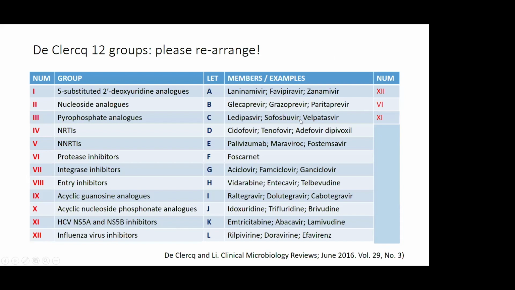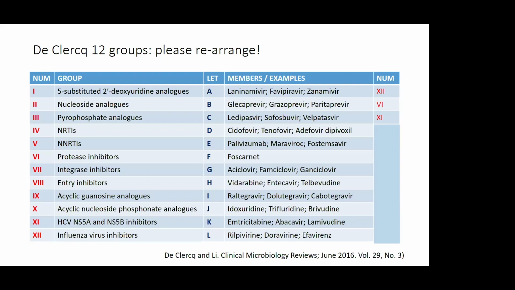Sofosbuvir is the only medication that is licensed on its own as an NS5B. It's the only one. It's almost an orphan drug. There's another small molecule that is used in a combination, but this is the only standalone antiviral approved as an NS5B inhibitor, sofosbuvir.